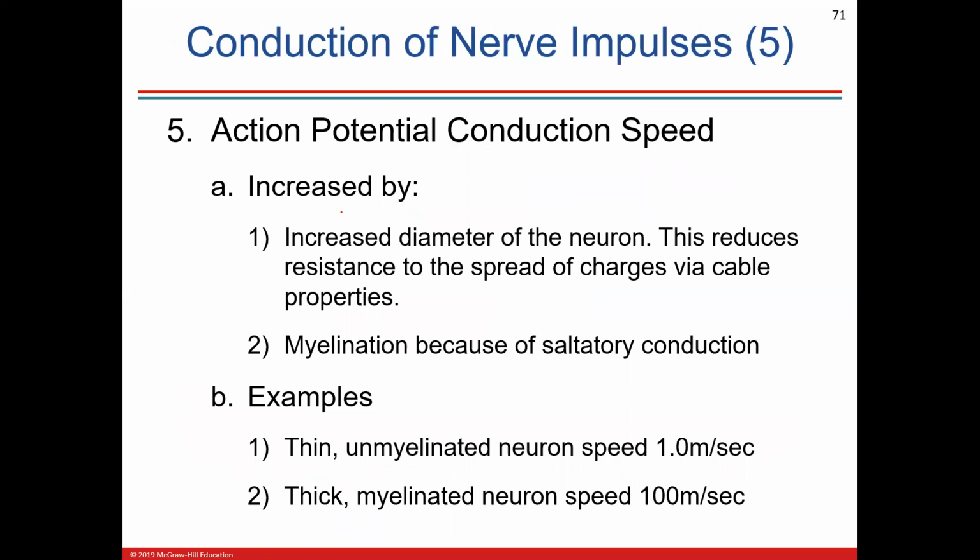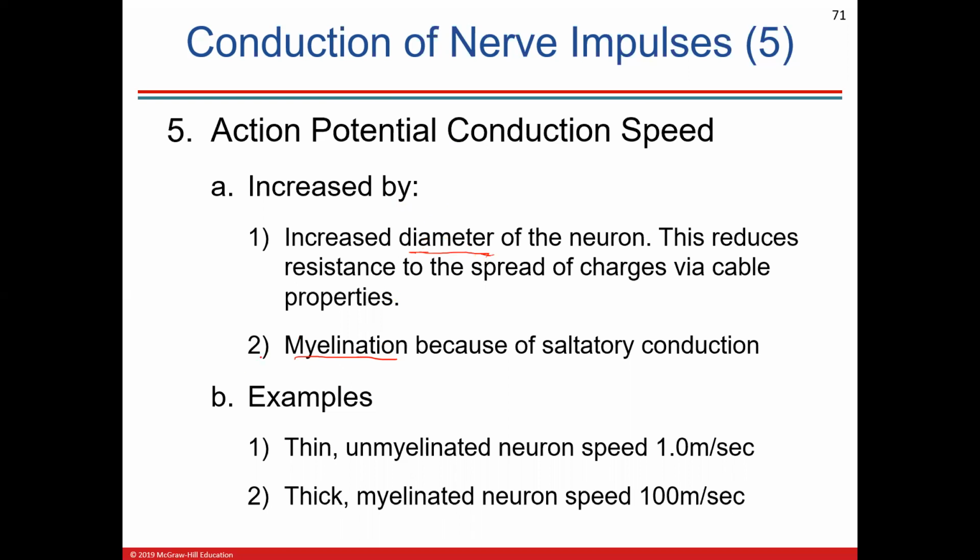And this is some of the reasons. It's always a question, like on a test, what increases the speed of an action potential. And usually it's the diameter of the neuron and the amount of myelination, right? So the thickness of the fibers, which changes in certain places, especially in the PNS.